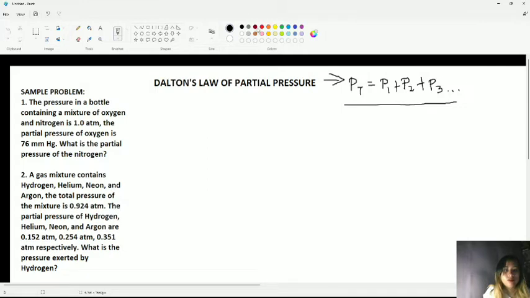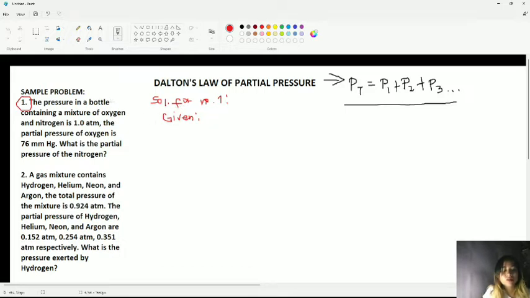Problem number one. Solution: identify the given. The pressure in a bottle containing a mixture of oxygen and nitrogen is 1.0 atmosphere.